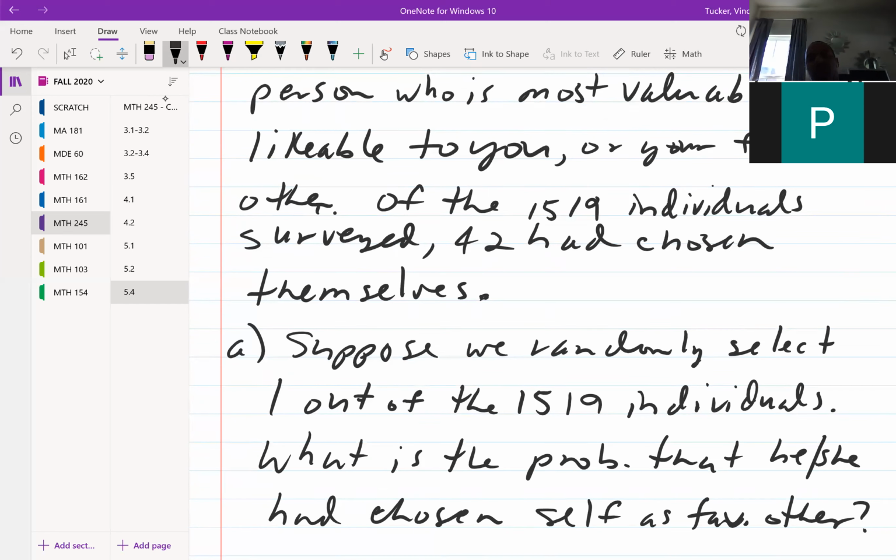Suppose we randomly select one out of 1,519 individuals. What is the probability that he or she had chosen self as a favorite other?